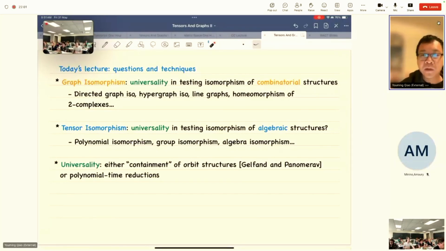the combinatorial world. And here, by universality, of course we need to define what universality means, right? Actually, you can define it in two ways. Because today I'm talking to mathematicians, I use the so-called containment of orbit structures proposed by Gelfand and Ponomarev in the 1960s, 70s. So what does that mean?